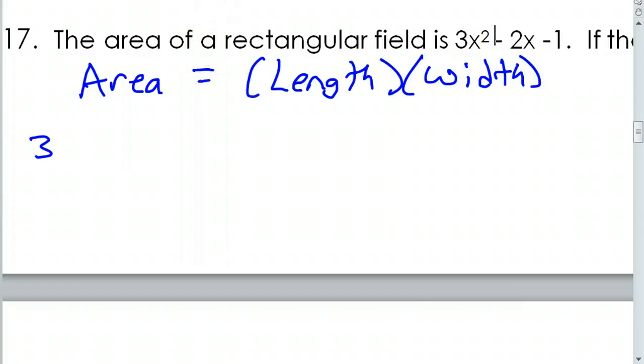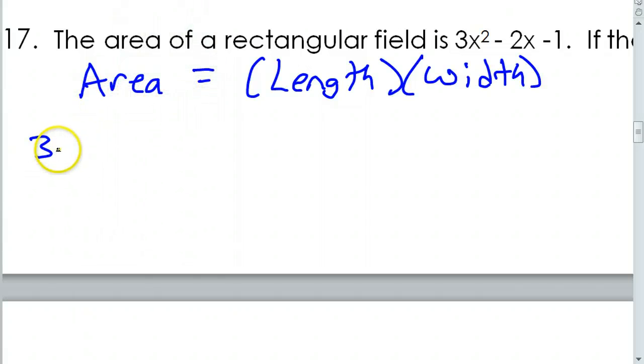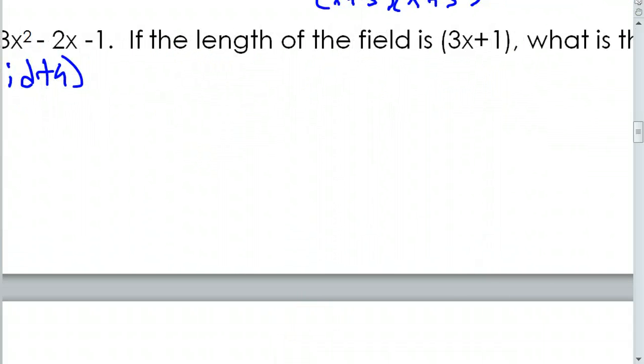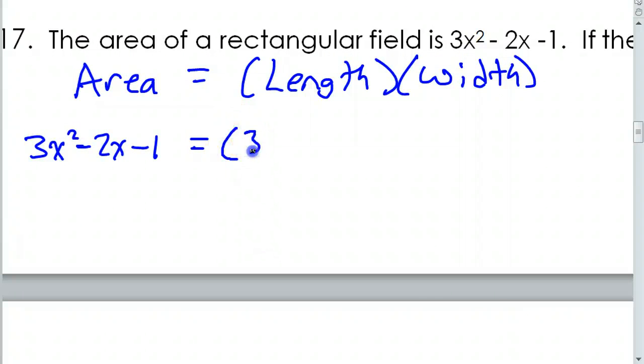Okay? So if they're telling us area is length times width, and they're telling us the area, that means in place of area, I can write 3x squared minus 2x minus 1. That's the area. And that should equal length times width. But they gave us the length as well, 3x plus 1. So I can go ahead and fill that in. So 3x plus 1.